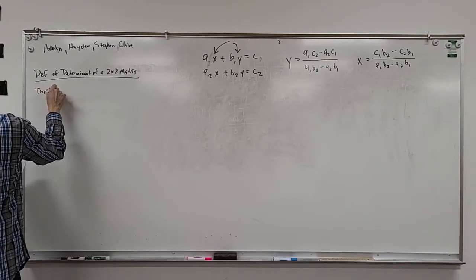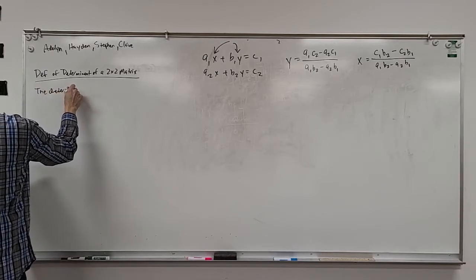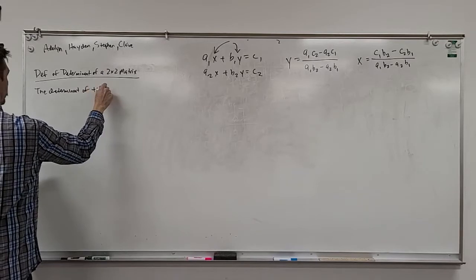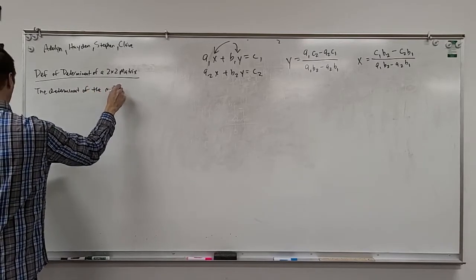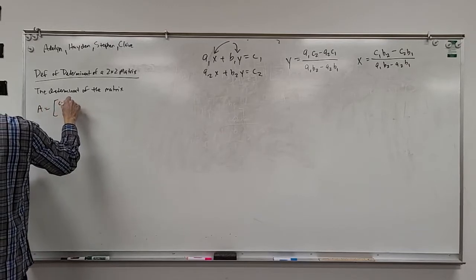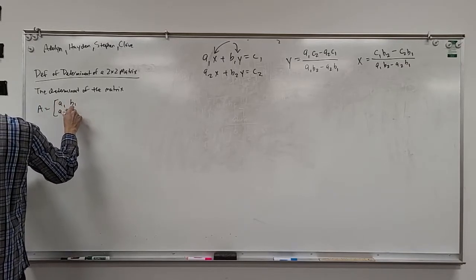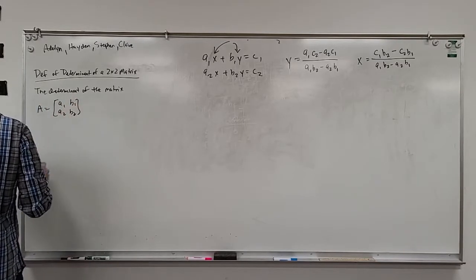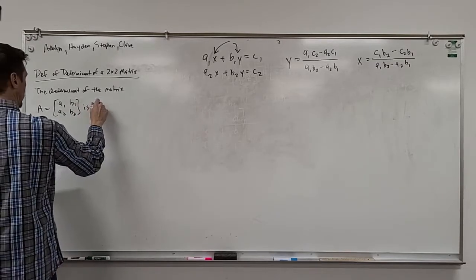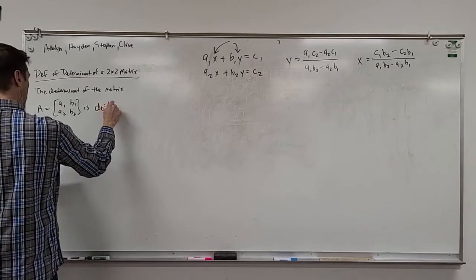The determinant of the matrix A equals A1, B1, A2, B2 is, there's multiple ways that you can write this, determinant of A.